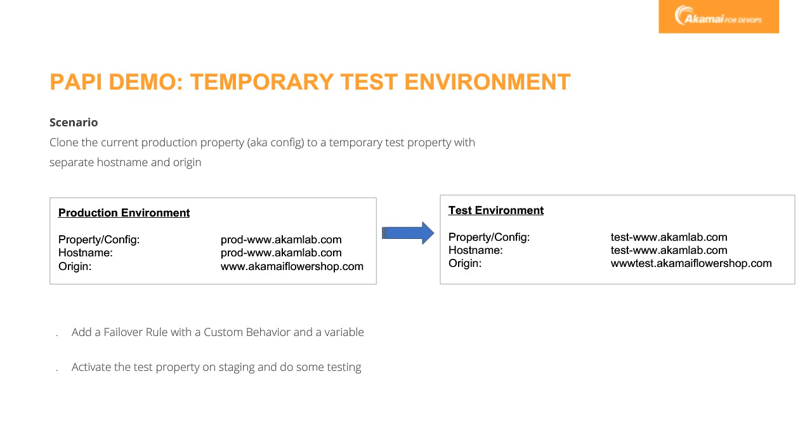For instance, the new functionality that you're developing, you may need to test it for a long time, maybe days or weeks. And if you use the Akamai staging network with your production config, then you've kind of locked up the flow here. If other changes need to go into production, you then have to revert what you have on staging, and it becomes cumbersome to manage the different changes.